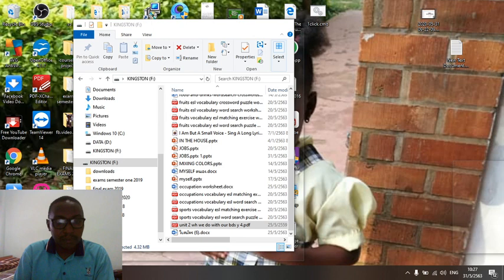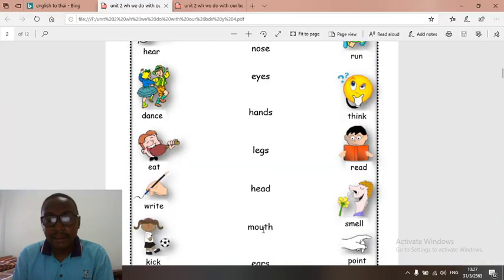For example, you have whole body, nose, eyes, hands, legs, head, mouth, ears, fingers. Match these to a particular verb. For example, clap. What do we clap with? We clap with our hands. So draw an arrow from hands to clap.